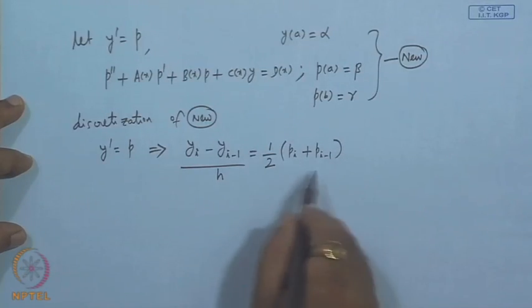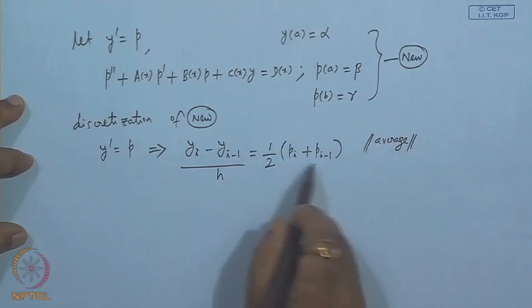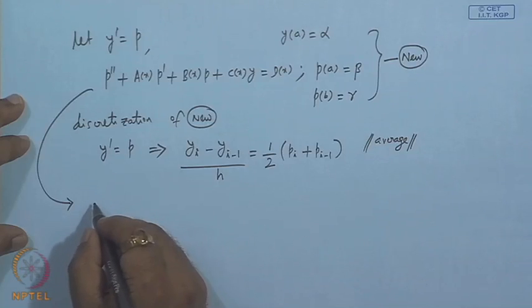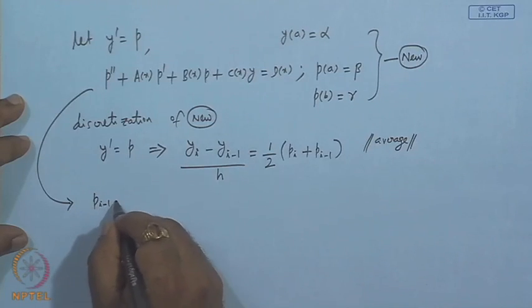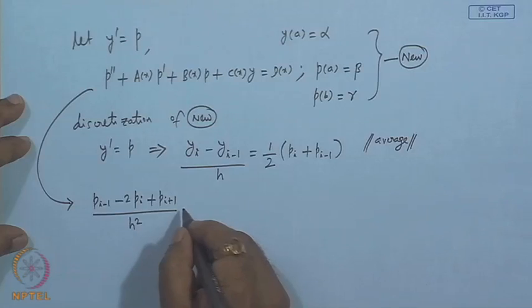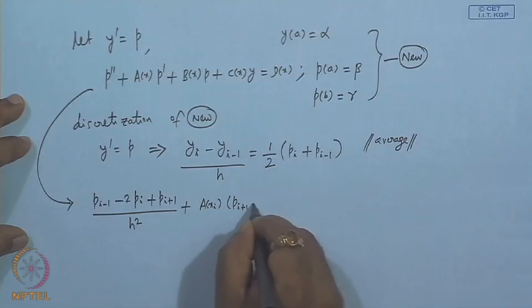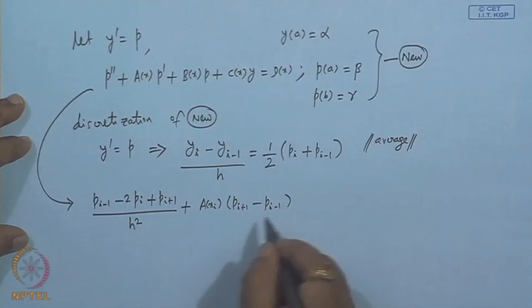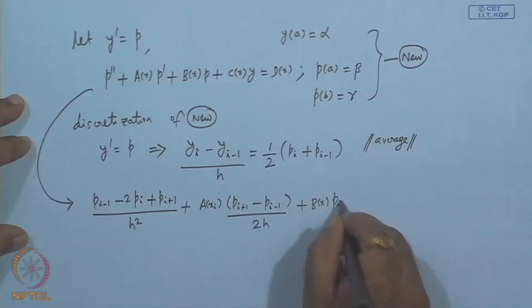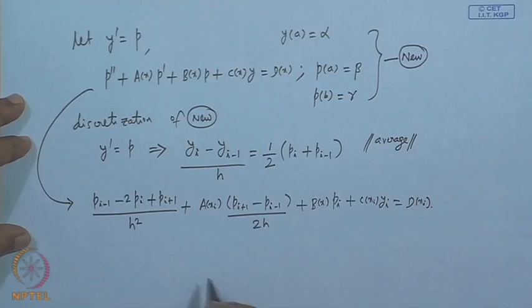So, this is average or some trapezoidal integration. So, this is for P, okay. And for other equation, usual central.